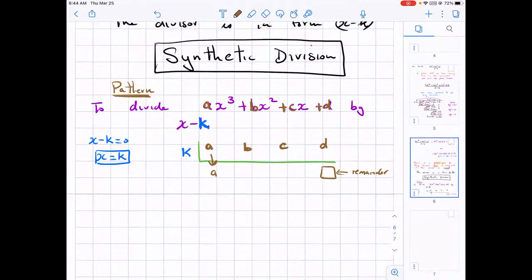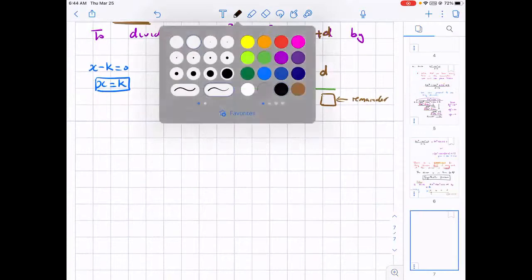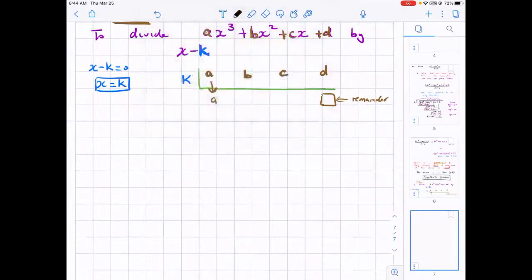So let's look at an example, because in math, examples always bring things out to us. Let's now use synthetic division. Remember, you cannot always use synthetic division.